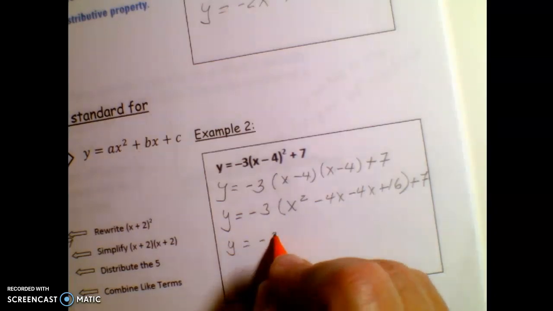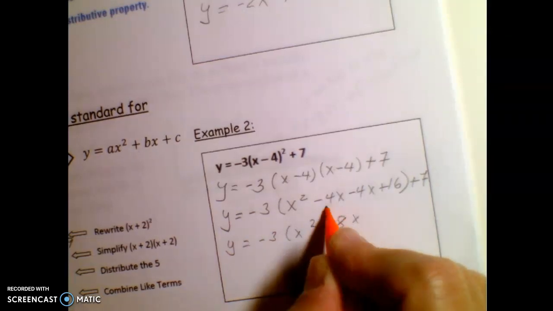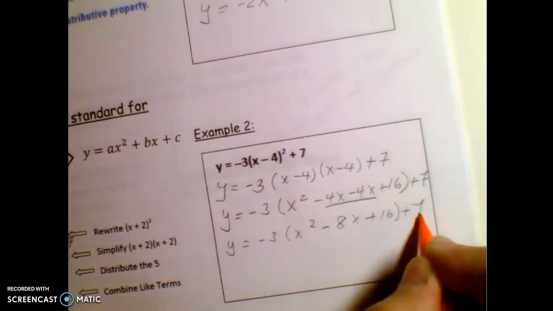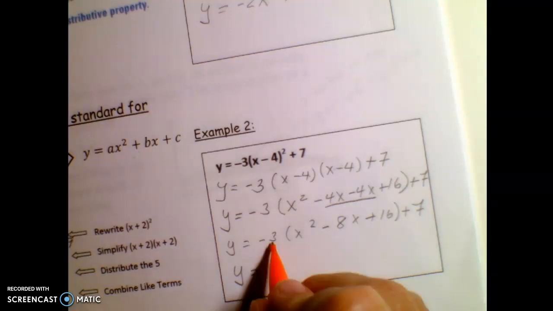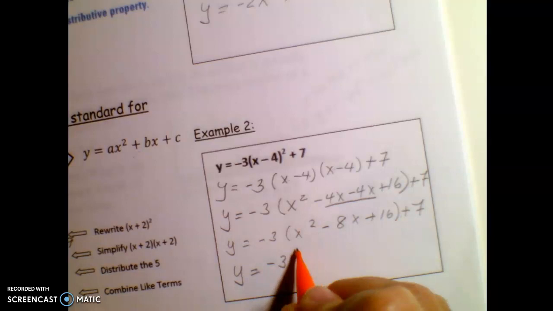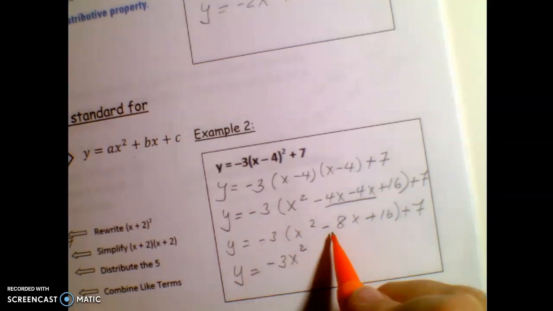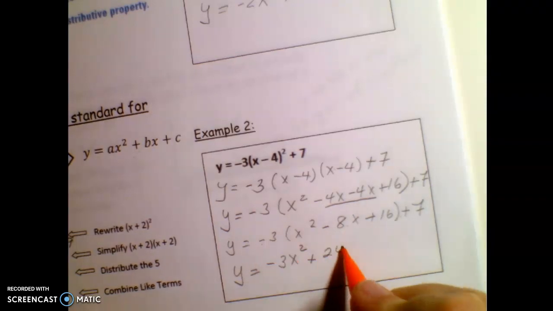I get x squared minus 8x when I combine those two, plus 16 plus 7. Y is equal to, I'm going to now distribute this negative 3 all the way through. So I have negative 3 times x squared, which is negative 3x squared. A negative times a negative is a positive, and 3 times 8x is 24x.